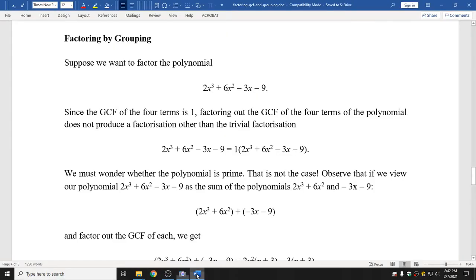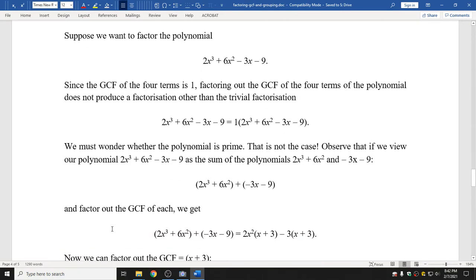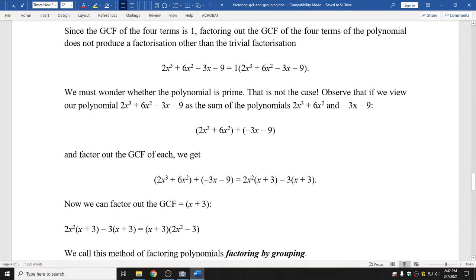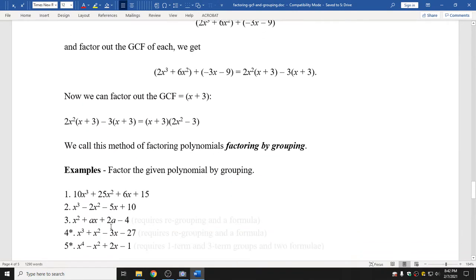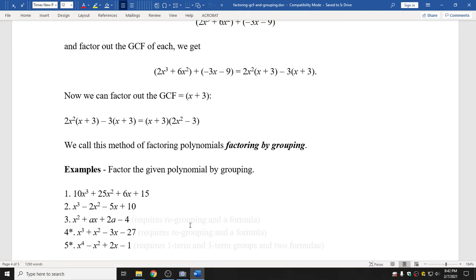Let's try some more examples. Factor the given polynomial by grouping. In other words, let's factor using this technique we just employed.